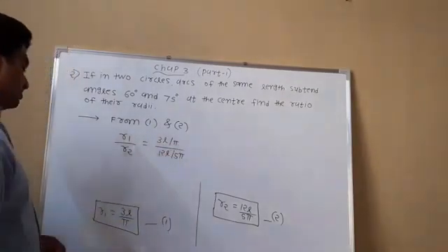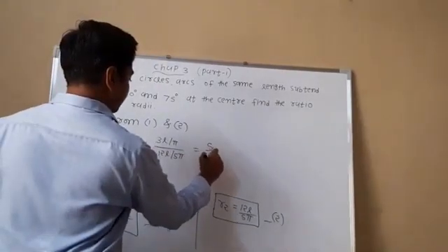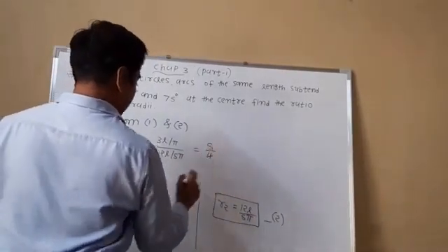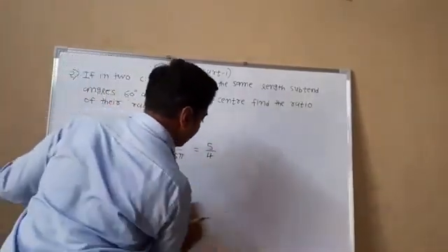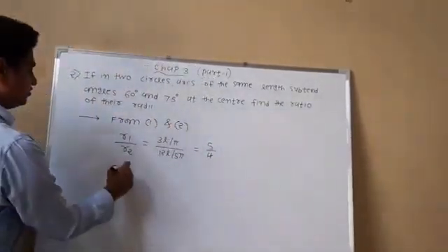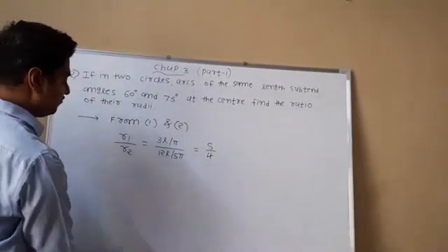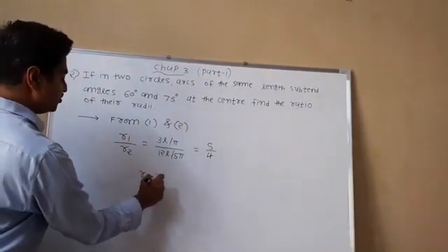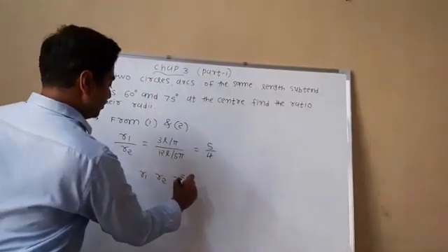Now simplify this term. So here we get 5 by 4. So our answer is R1 ratio R2 is equal to 5 ratio 4.